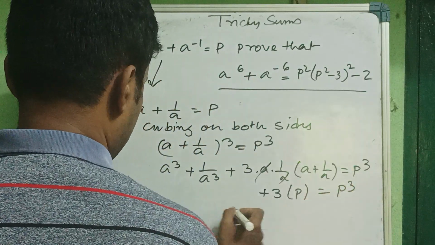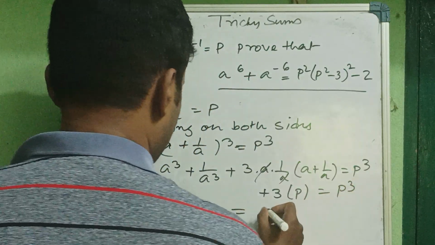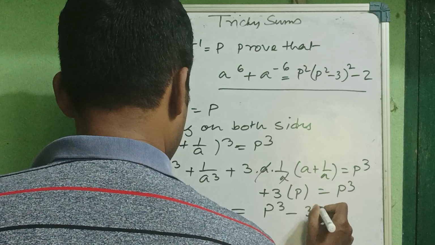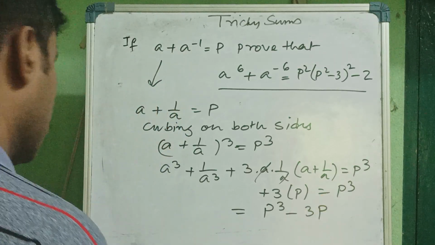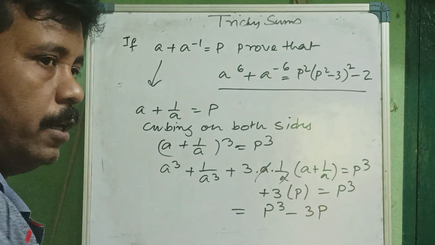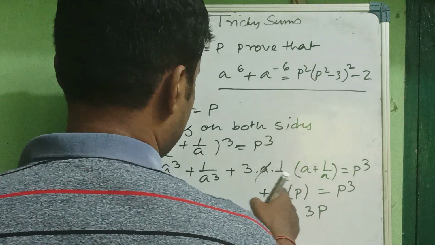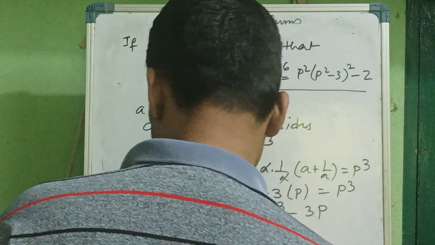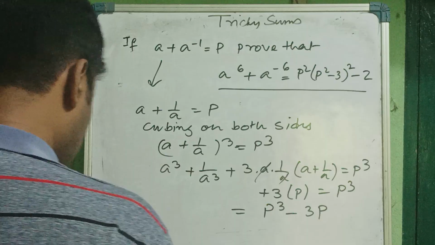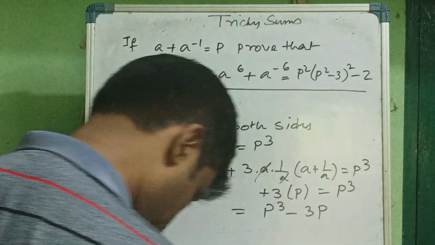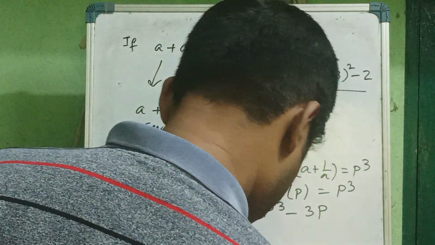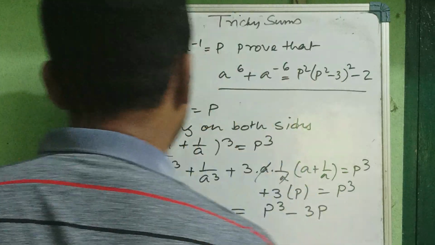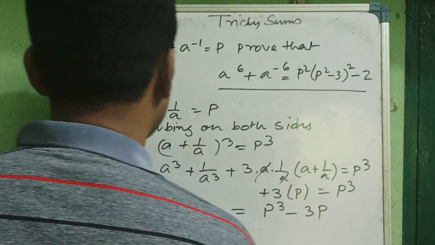From this the right side becomes p cube minus 3p. Is it clear? The 3p changes to the right side as minus 3p, so p cube minus 3p.